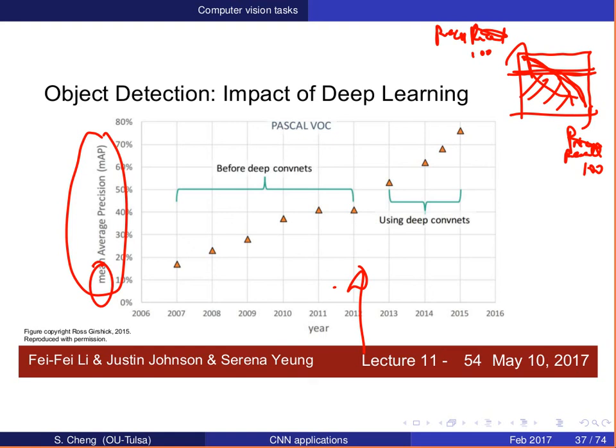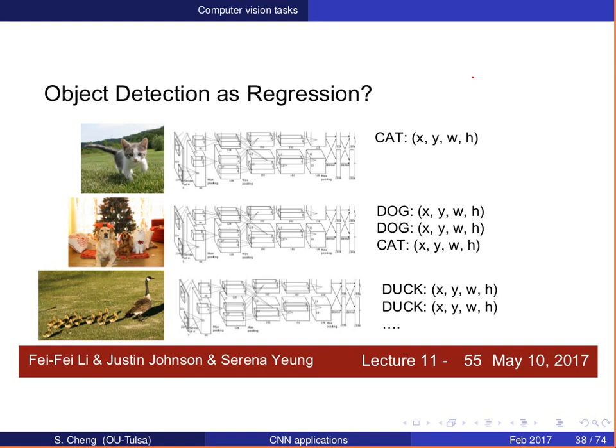So you look at that before deep neural networks, and after deep neural networks it is like this. Of course, if we have multiple classes, one way we can do it is to combine classification and regression.